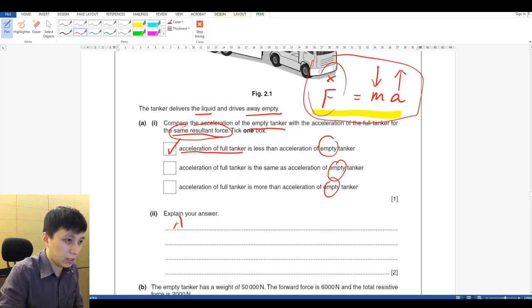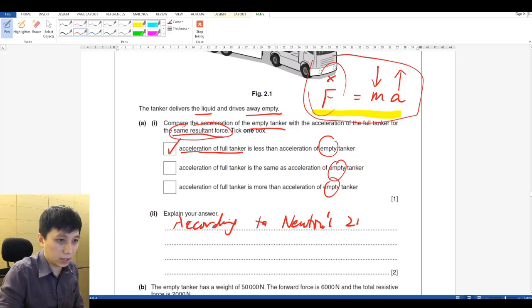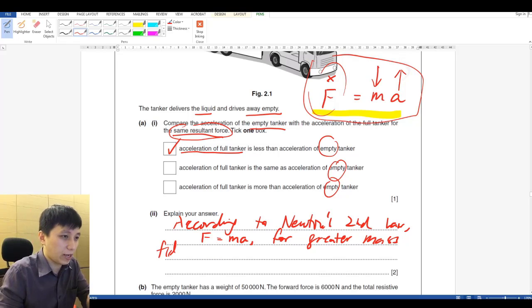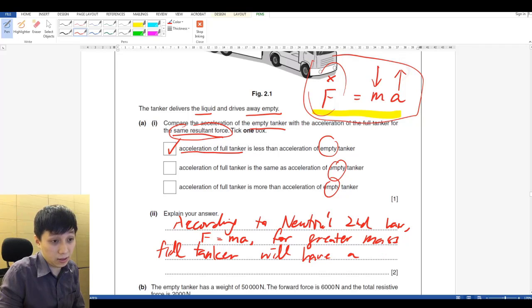So what you can say is, according to Newton's second law, F equals ma, and so for the full tanker, which is of greater mass, it would have a smaller acceleration, given the resultant force is the same.